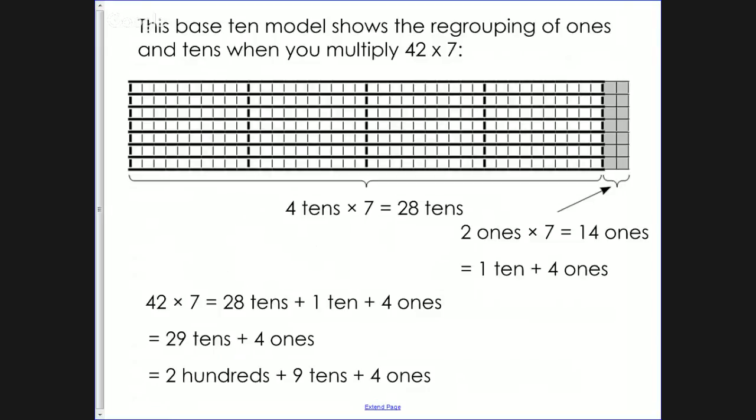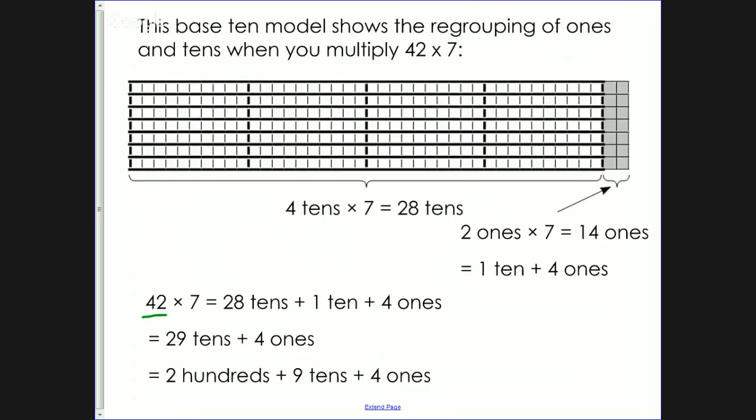So this is just showing the same thing using base 10 materials. So here's an array showing the number 4 tens and 2 ones. So this is the number 42. And it's 4 tens times 7, and then 2 ones times 7. So the number 42 times 7.